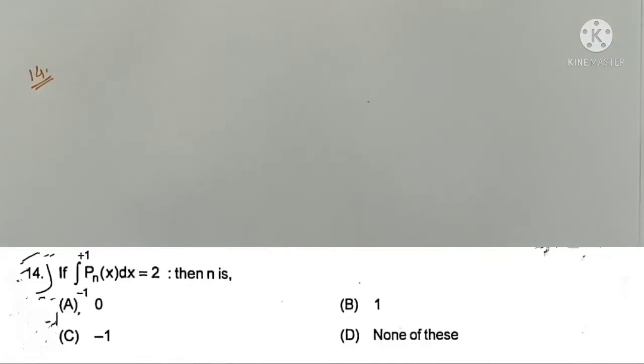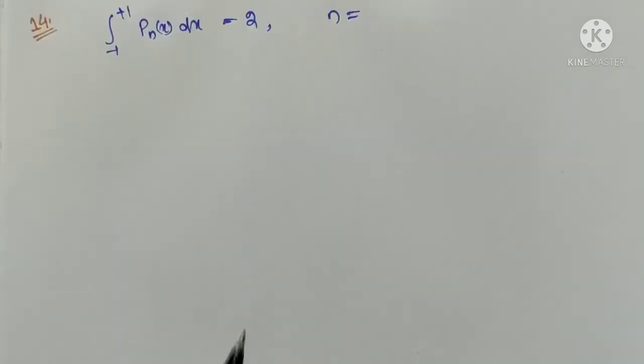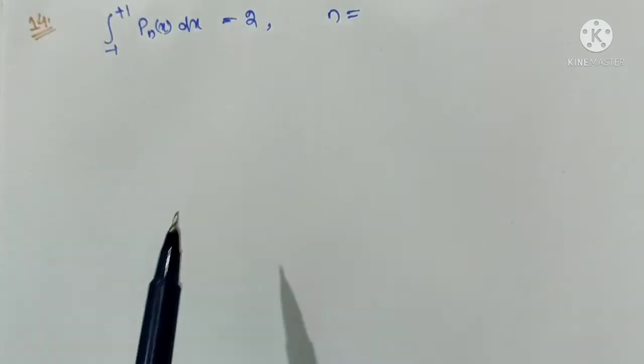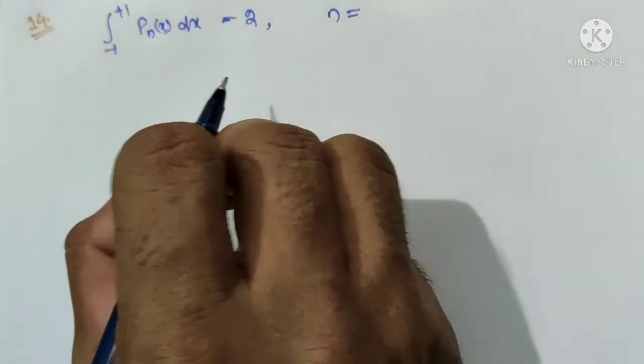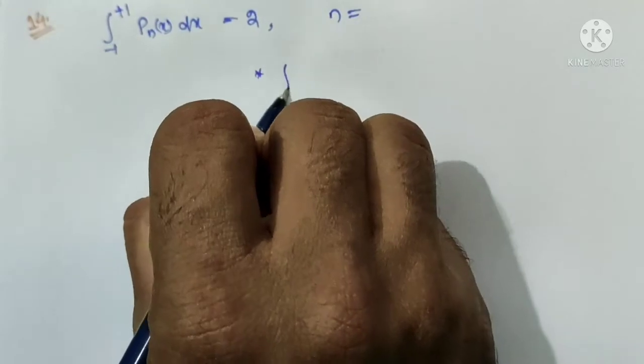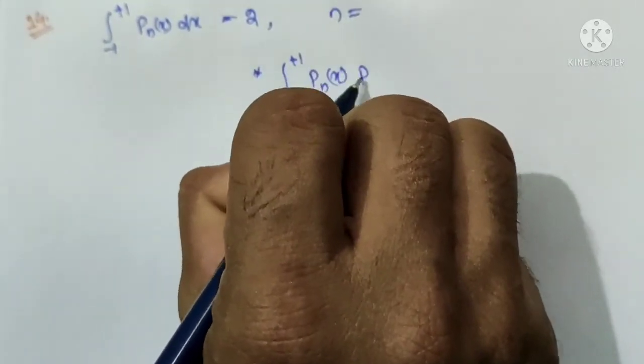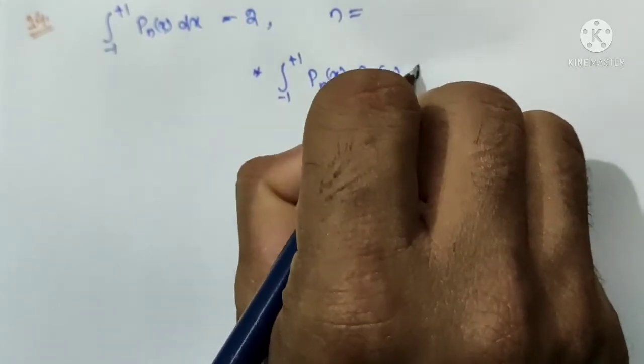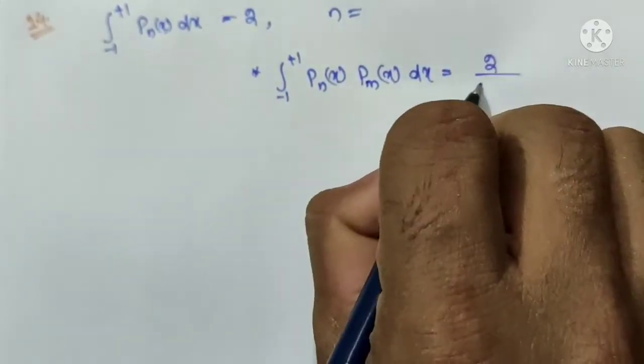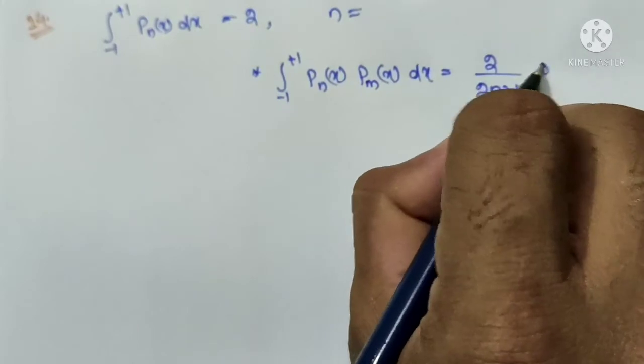Question number 14. If integral minus 1 to plus 1 P n x dx equals 2, then n is. We have to find the value of n, and from the orthonormal property of Legendre polynomials we know that integral from minus 1 to plus 1 P n x P m x dx equals 2 by 2n plus 1 Kronecker delta n m.